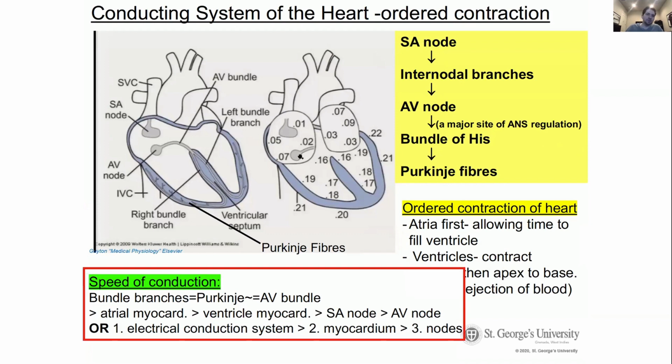They also want you to know the speed at which the conduction is. So the electrical conducting system conveys the electricity faster than the myocardium, faster than the nodes. So just make note of that.